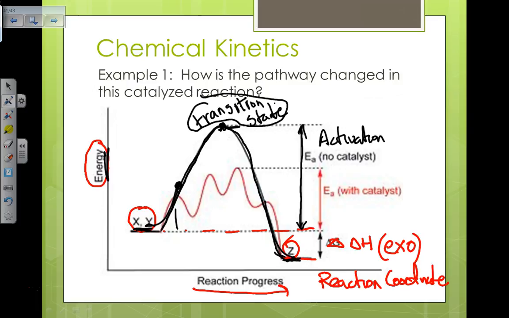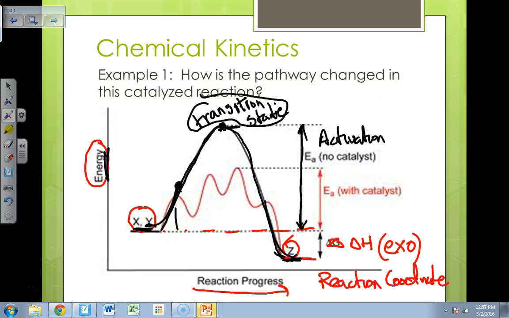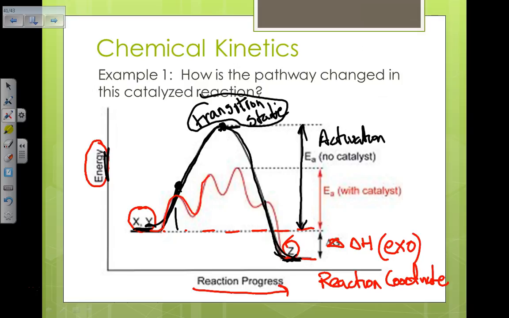Now, this in red here shows a different pathway. Notice what the difference is between the black and the red. Well, what we have done is we have added a catalyst. What a catalyst does is really one thing, and we see the effect of that one thing.